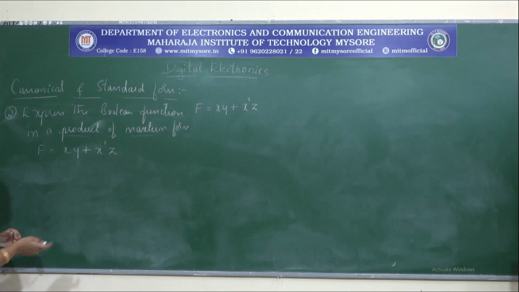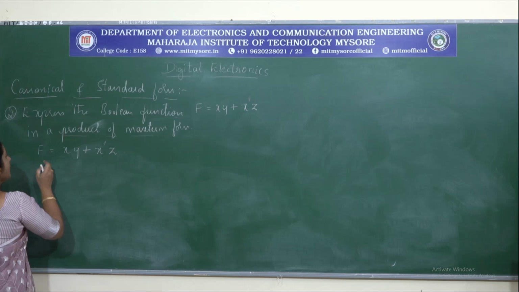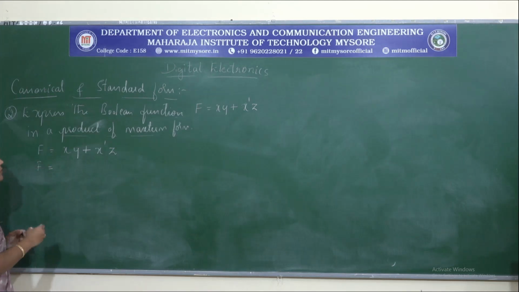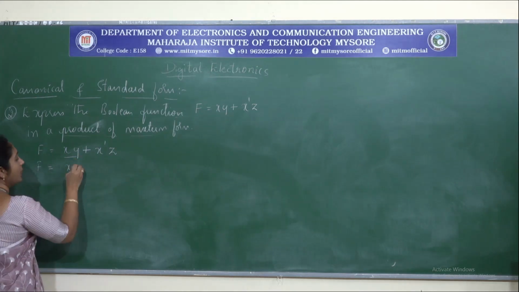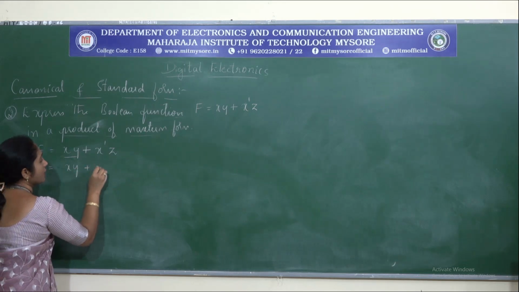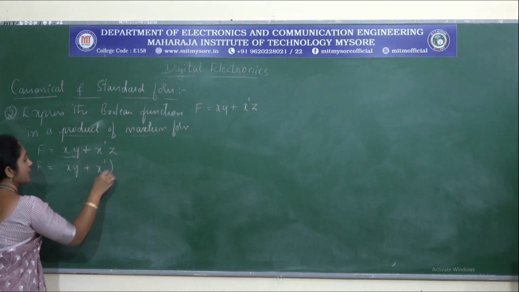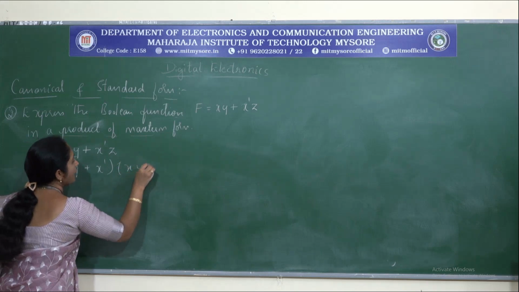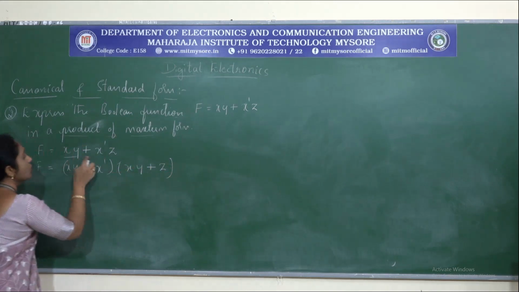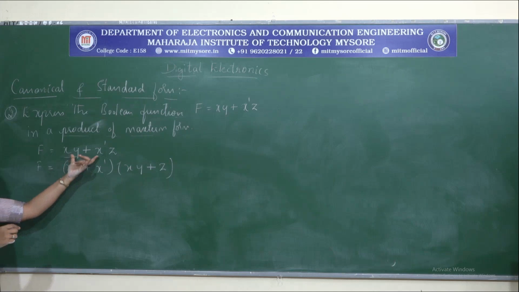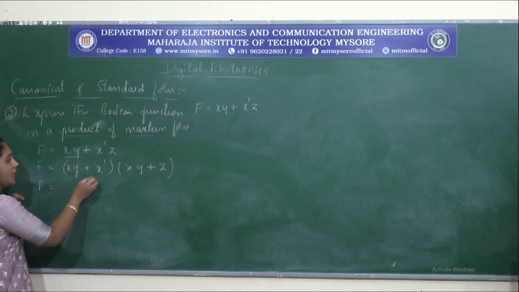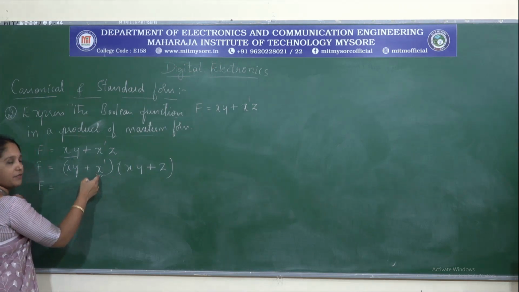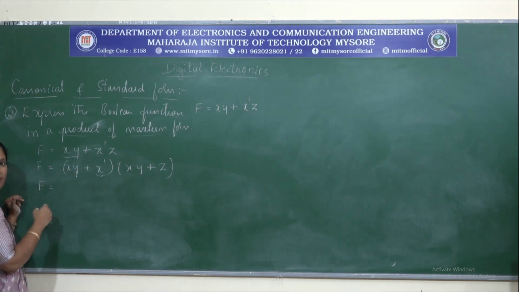So first let us have this in POS form. We have xy plus x dash z. Using the distributive law, xy can be considered as one variable, so we can write it like this: xy plus x dash into xy plus z. Further, this can be considered as the first variable, and this as yz.